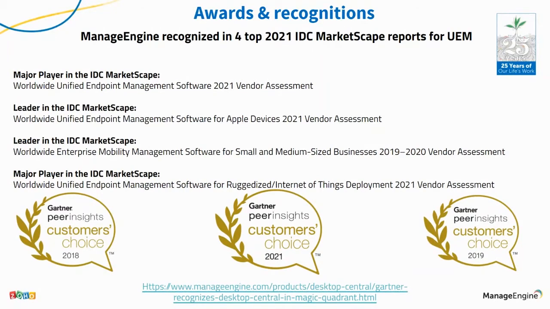So these are genuine customer reviews that have been written on Gartner. If you'd like to know why you need our product, please go to the link that's shown on the bottom of the screen. You should be able to read the reviews of our customers. That should help you to make the right choices when it comes to endpoint management programs.